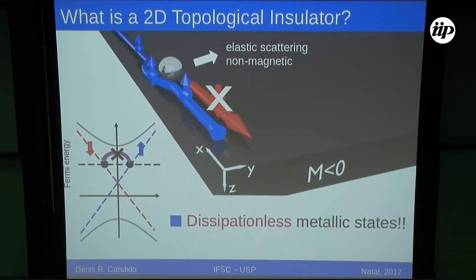They just go through this impurity. So this is why people say these are dissipationless metallic states. In this sense, the electrons traveling inside this topological insulator material do not lead to dissipation.